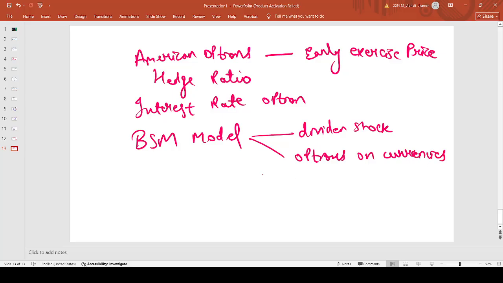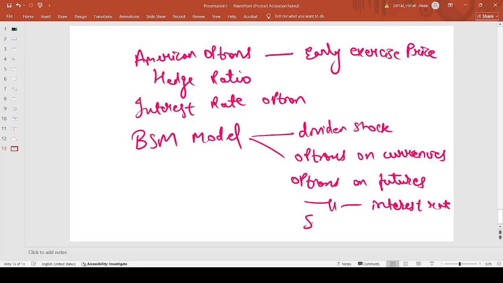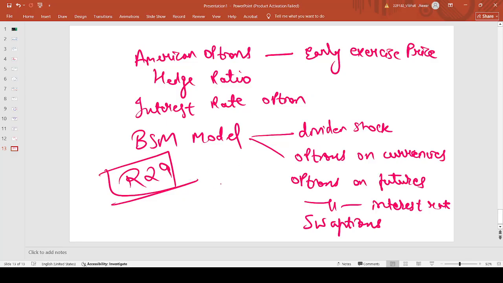Then there are options on futures, options on fixed income, options on interest rates. There are options on swaps. All these things are in reading number 29. So let me know if you want me to cover it further.